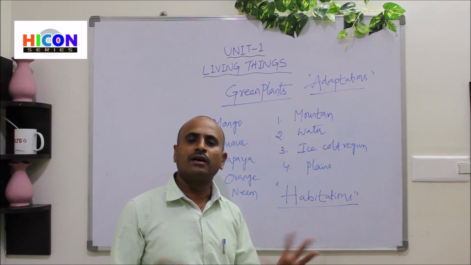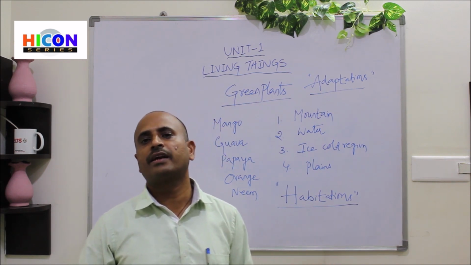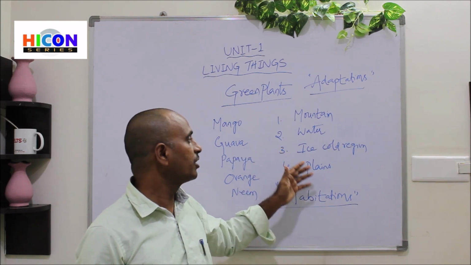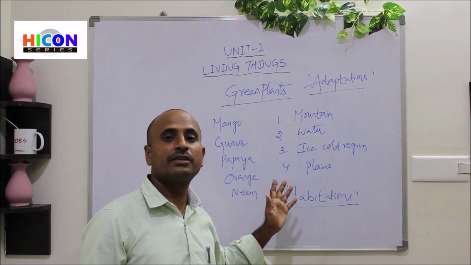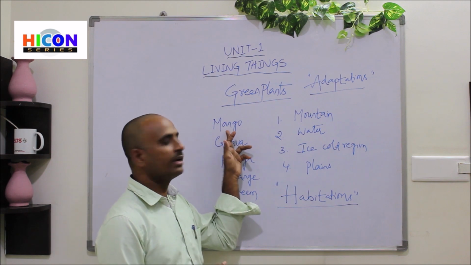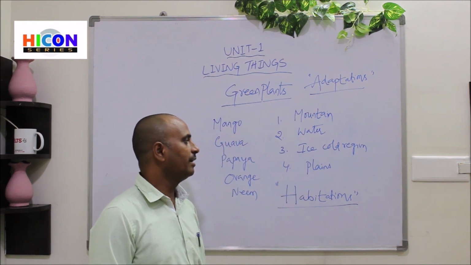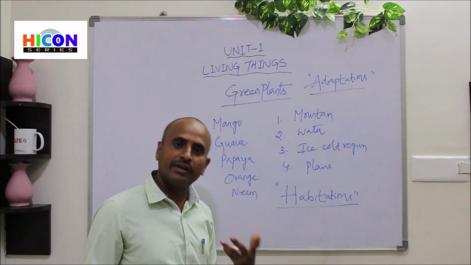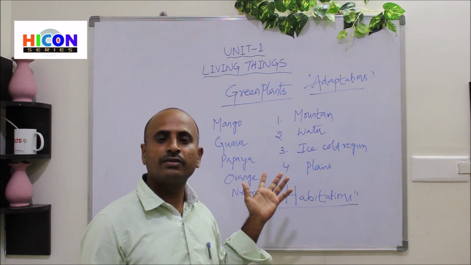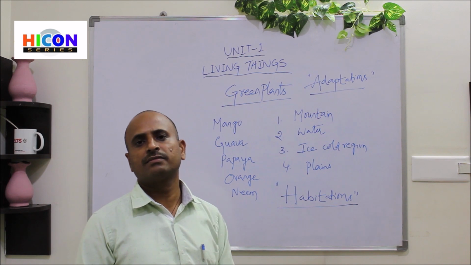Different regions have different climatic conditions, and the plants growing in a particular habitation will have special adaptations. That means the mango tree cannot be grown in ice-cold regions, and apple trees cannot be grown in our regions. This is the reason some plants cannot be grown in particular regions.